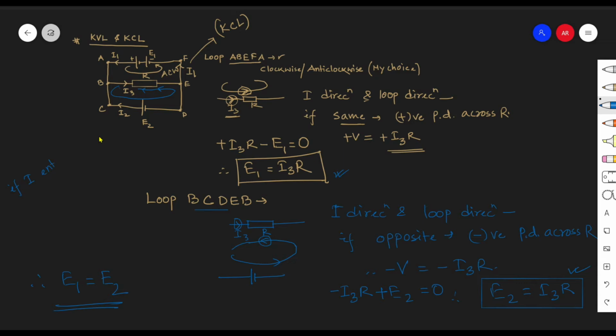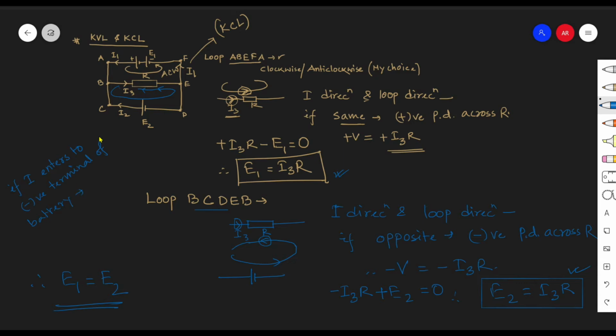And if they have the same voltage and they are connected in this way, it means the current from battery E1 is not entering battery E2, and current from battery E2 is not entering battery E1. They are connected in parallel with the resistor R.